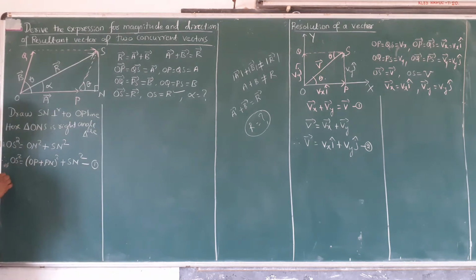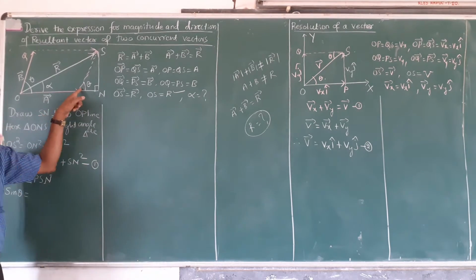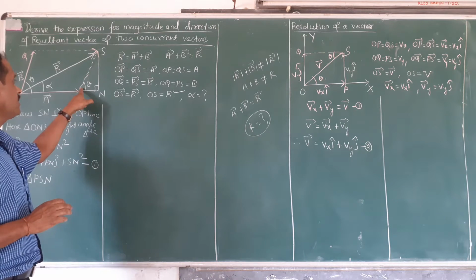From the triangle PSN, sin theta is equal to, you know the trigonometry, opposite side divided by hypotenuse.